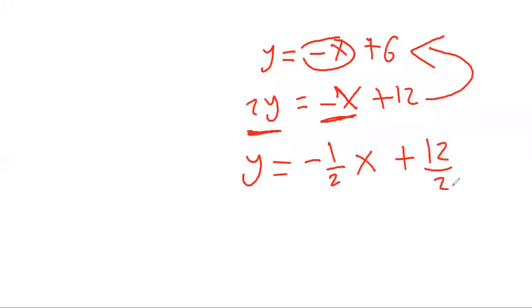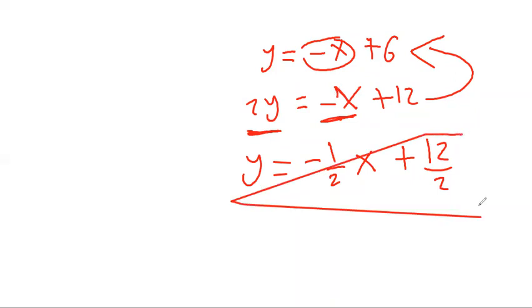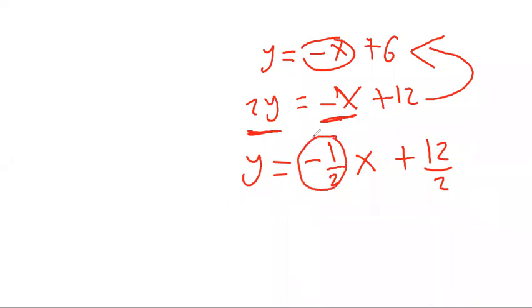From where 1? Negative x means negative 1x. So I'll divide it by 2. It will be negative 1 over 2. So the gradient of the equation is negative 1 over 2. So the two straight lines are not parallel.